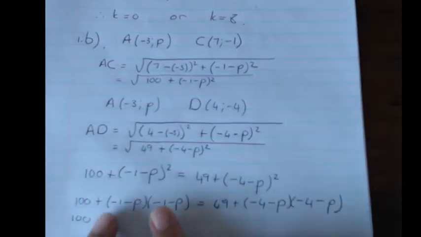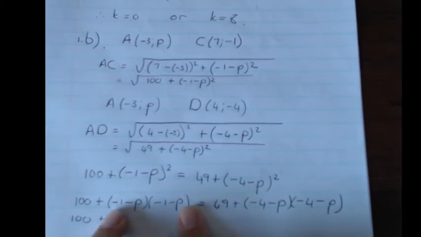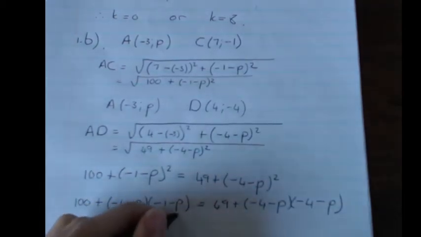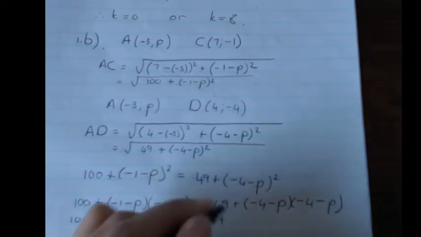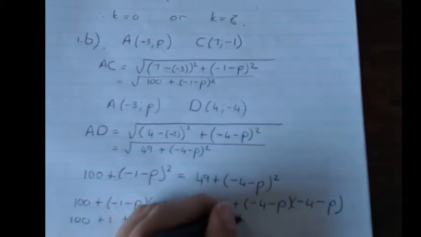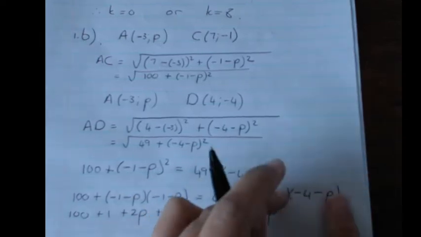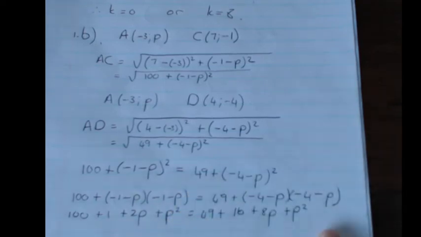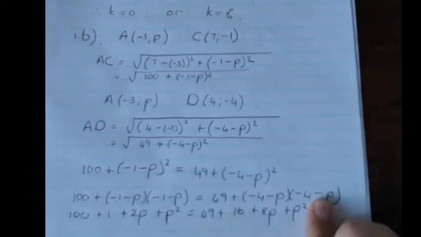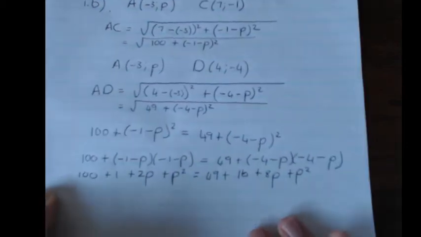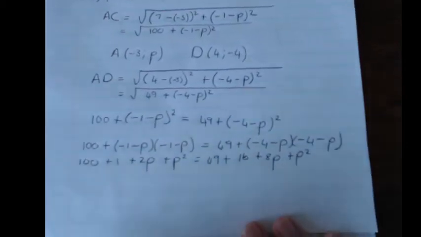So I have 1 plus P is plus 2P plus P squared is equal to 49 plus 16 plus 4P is plus 8P plus P squared. If you do need to take a few more steps to multiply out these brackets, that's fine. If you do need to pause the video to quickly do it on your own and see if you get the same, that's fine. But I think most of us know how to do this.